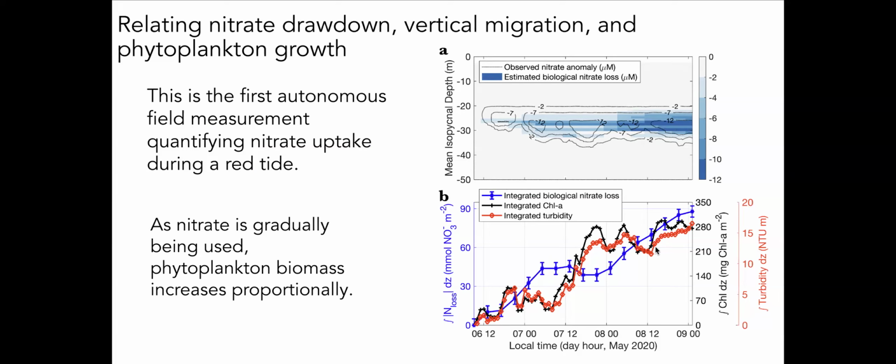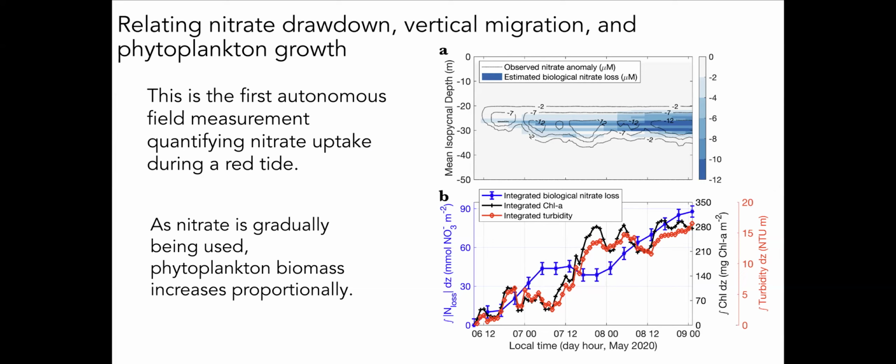The blue line is the loss of inorganic nitrogen due to this biological process, and the red and black lines are the increase of the plankton, the increase of the biomass in these bulk properties. And these are proportional to each other given the expected ratios of the amount of nitrogen to the amount of carbon in the cells of these organisms.